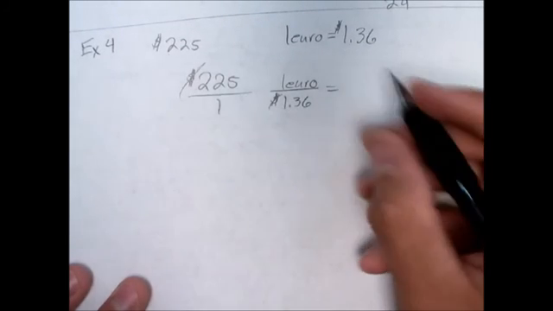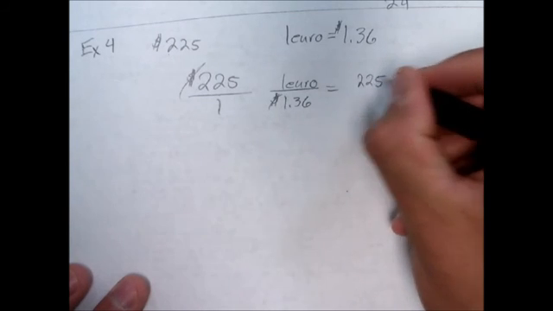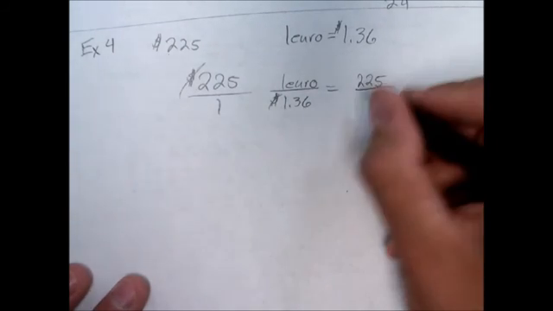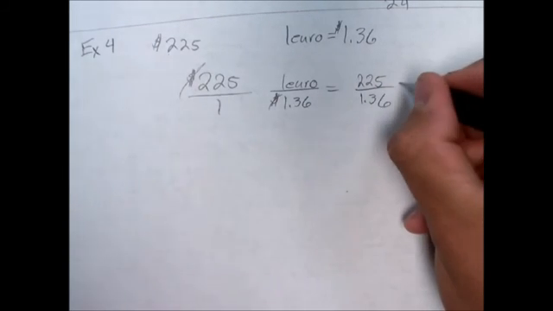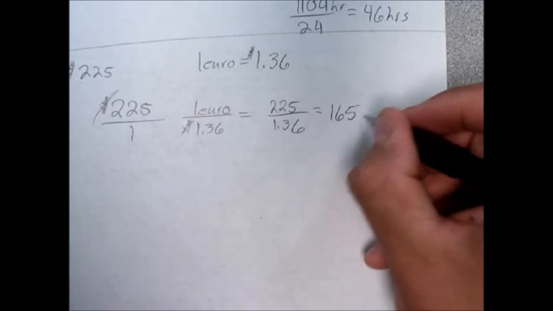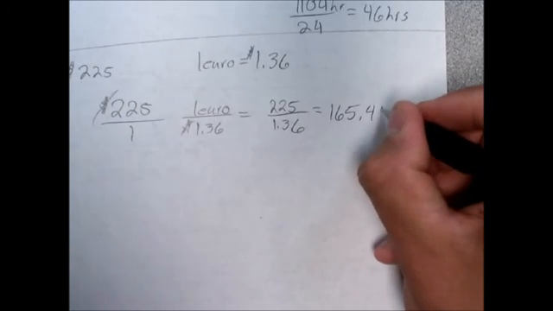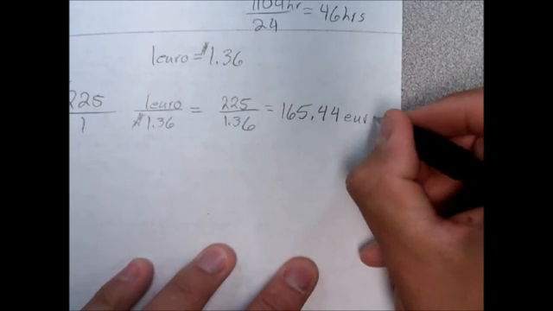So I take my 225, I multiply it by 1, and I get, again, my 225. And I'm dividing it by 1.36. When I divide that amount, I get my total transferred into euros. So it's 165.44 euros.